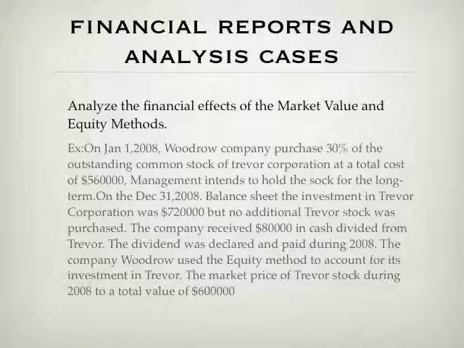On December 31st, 2008, the balance sheet investment in Trevor Corporation was $720,000, but no additional Trevor stock was purchased, and the company received $80,000 in cash dividends from Trevor. The dividends were declared and paid during 2008. Woodrow used the equity method to account for its investment in Trevor. The market price of Trevor stock during 2008 totaled a value of $600,000.